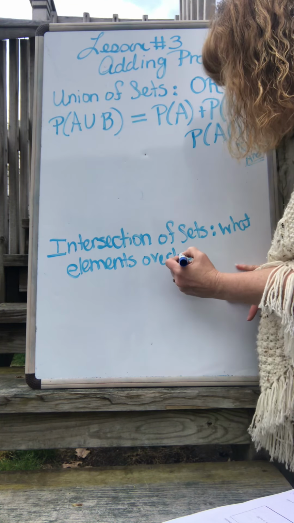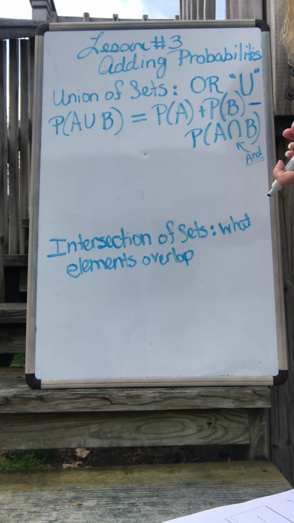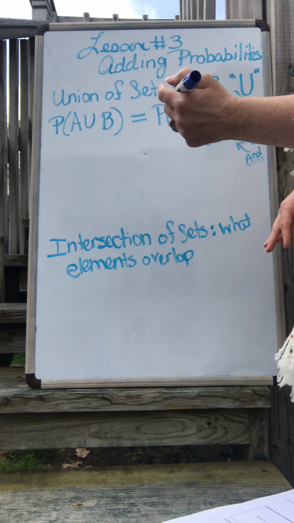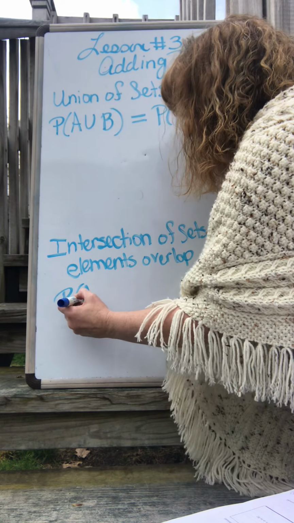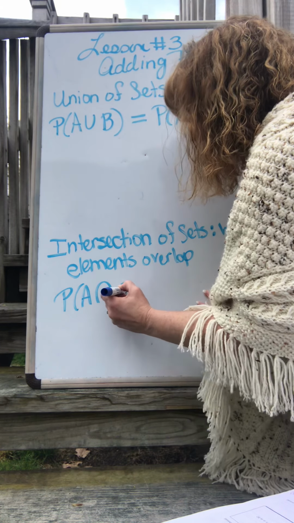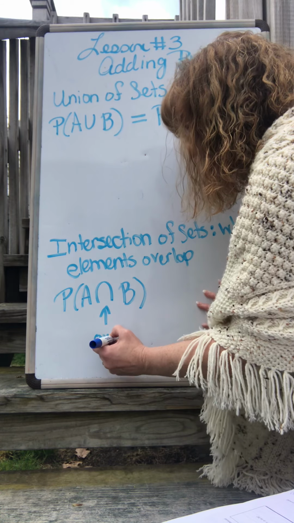That is the word and, because it's in set A and it's in set B. So it would look like this. The probability of set A and set B, and this again would be the overlap.